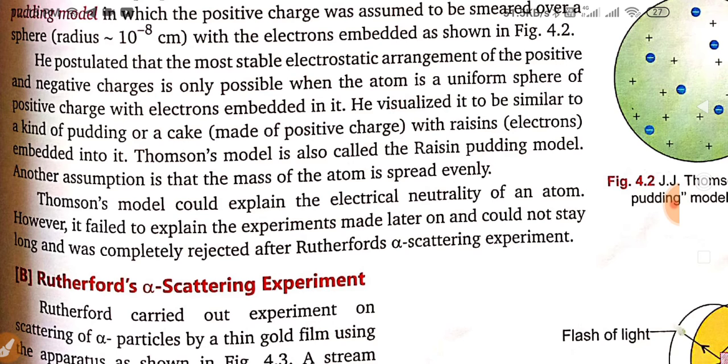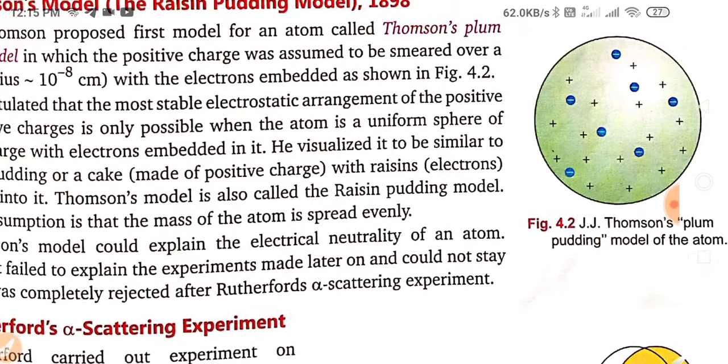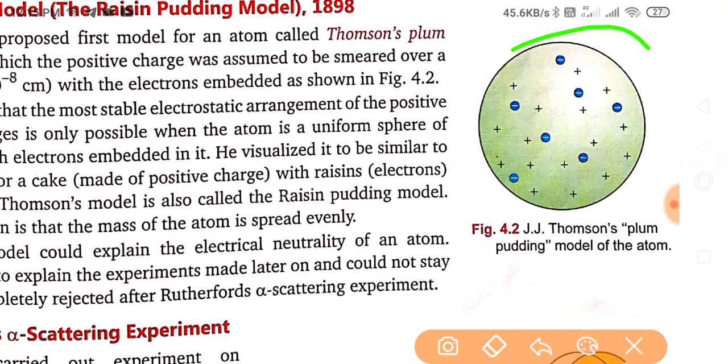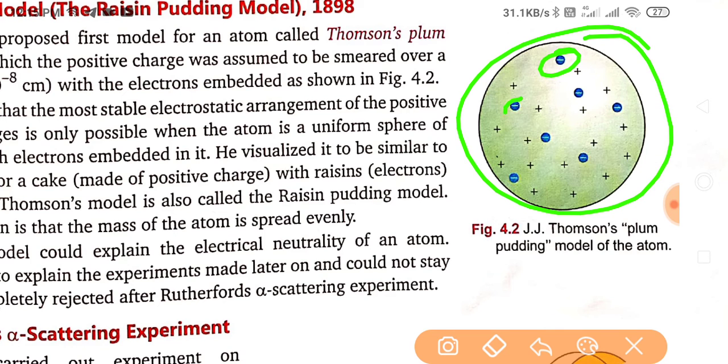He assumed the electrons as raisins and the positive charge as a pudding or cake. Thomson's model is also called the raisin pudding model. It assumed that this is a cake, and in this small raisins are embedded.